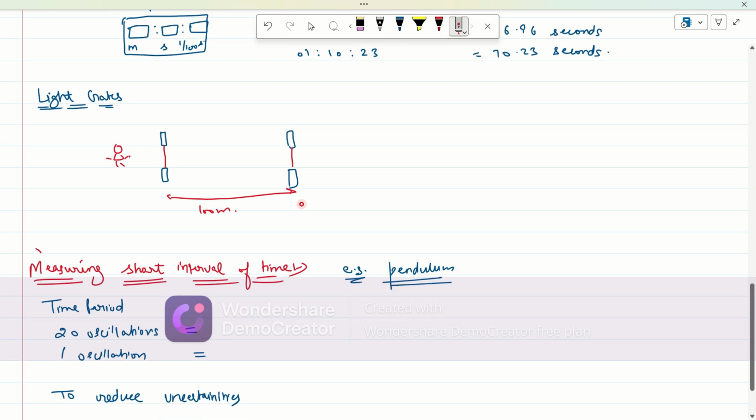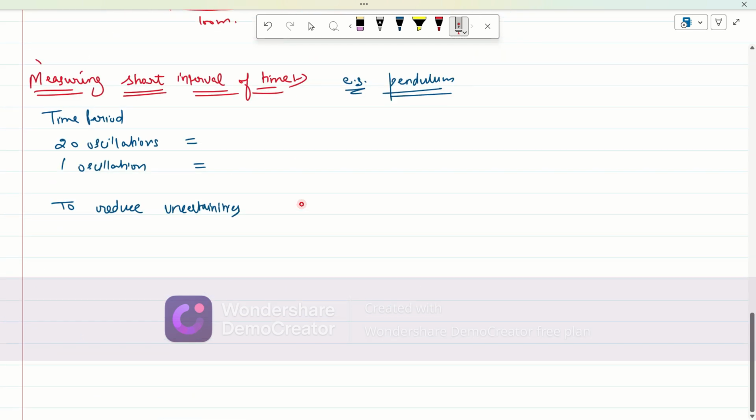Now if we have to measure a short interval of time, for example the time period of a pendulum, how can we measure it? For one oscillation, if you want to measure the time period, you cannot measure it accurately because there will be error due to human reaction time. So to reduce uncertainty, we can take 20 oscillations.